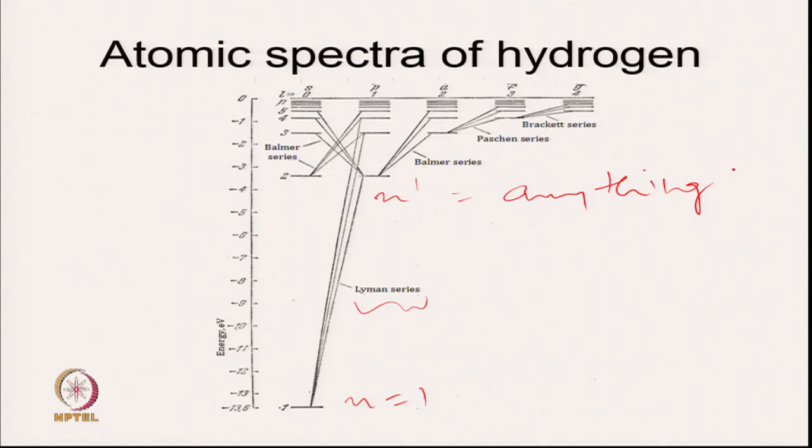In case of absorption, it is n is equal to 1 to n dash greater than 1, whereas in emission the transition is happening from n greater than 1 to n is equal to 1.